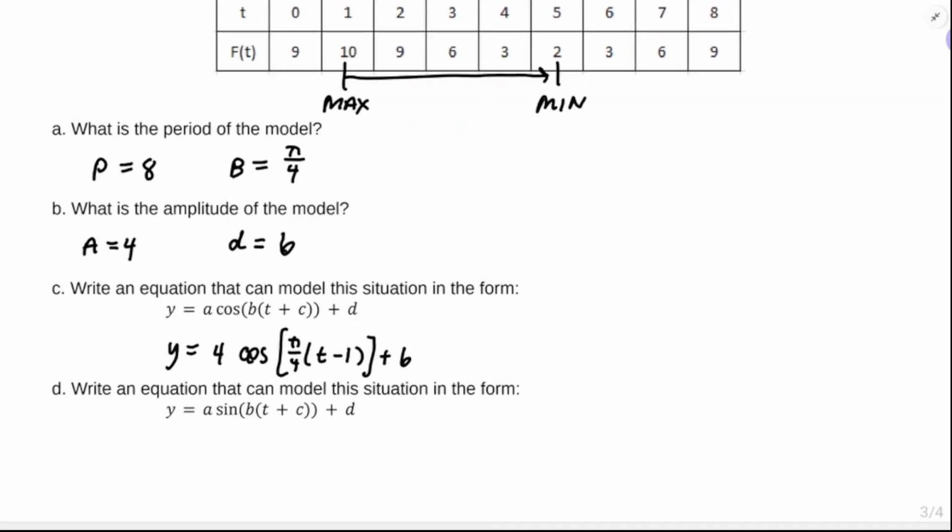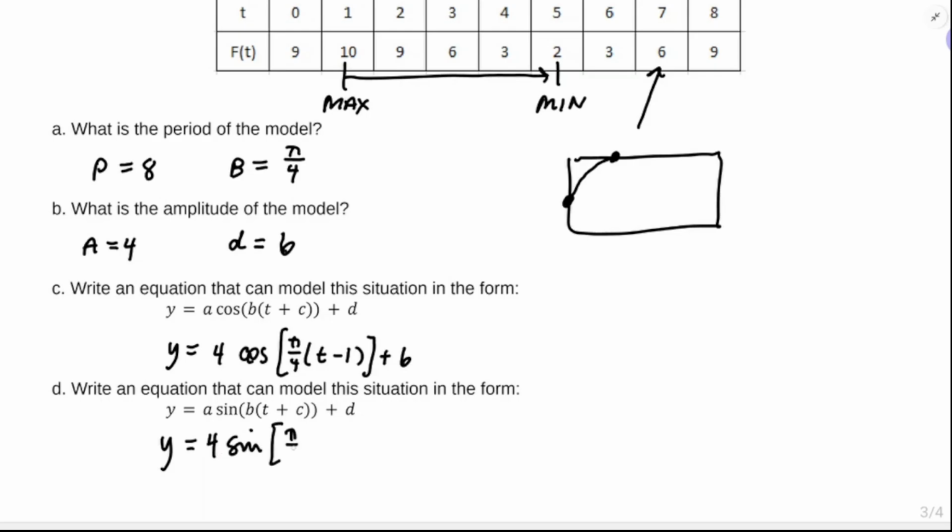Then if I do the same thing for the sine graph, just like I said before, I'd be looking to be in the middle going up. So that would probably be at a 6, but where it's increasing, so that'd be right there at t equals 7. So y equals 4 times the sine of pi over 4 times t minus 7, and then plus 6.